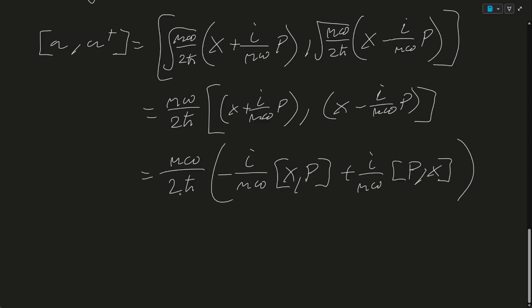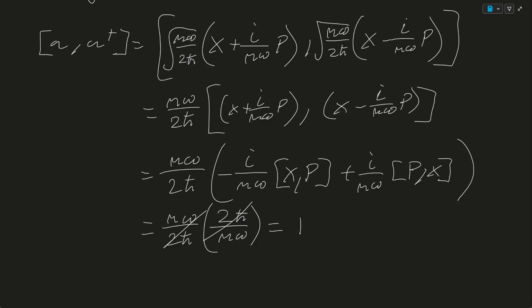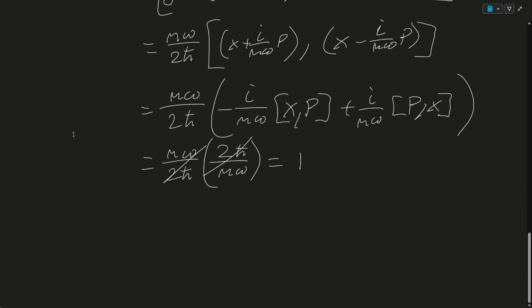Right, that's good, and now we can substitute in the obvious things. That doesn't commute, so it's going to be a minus sign, so m omega over 2h bar. I'm going to skip through writing out all the algebra. So that's going to be 2h bar over m omega, and this is simply 1. Lovely. So the commutation of A and A dagger is 1.